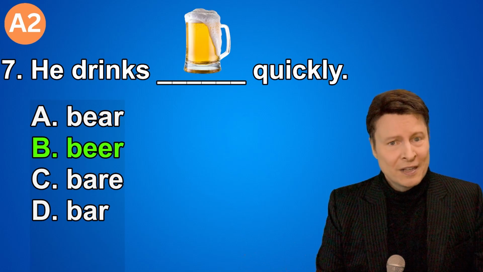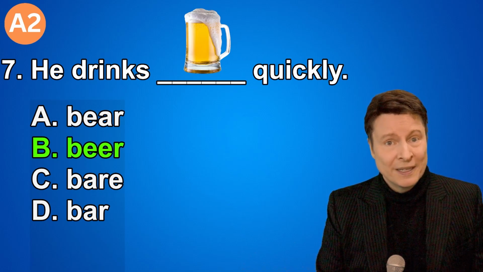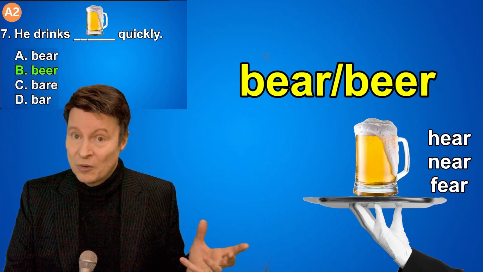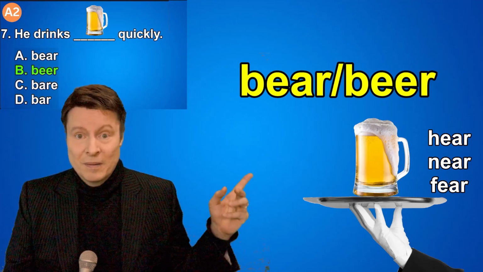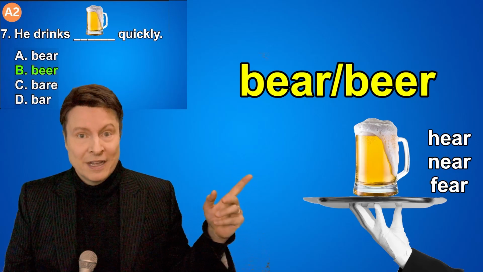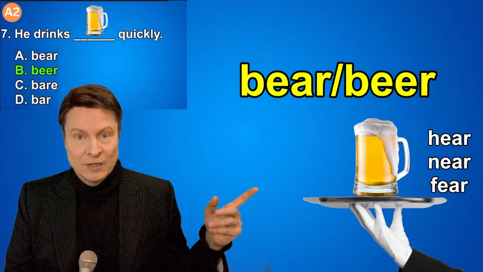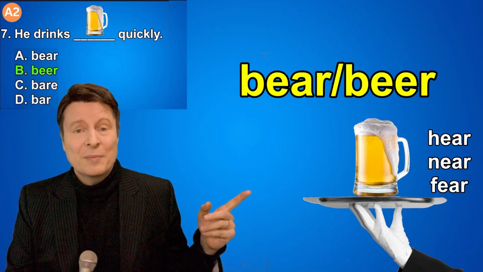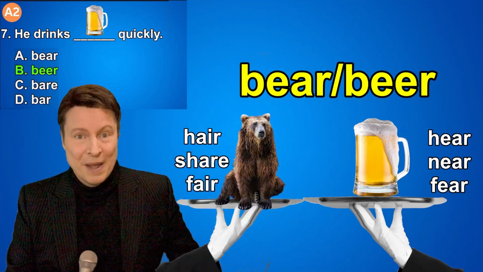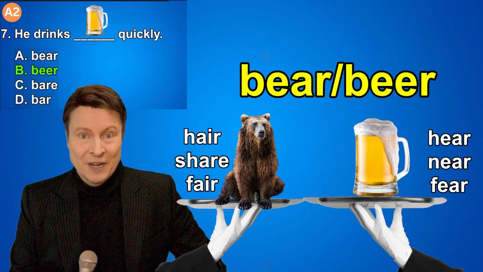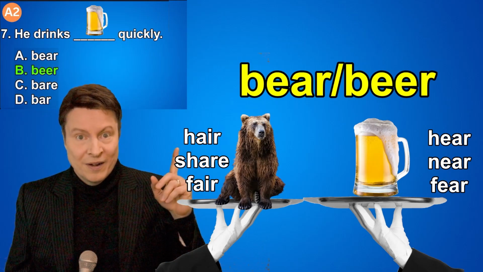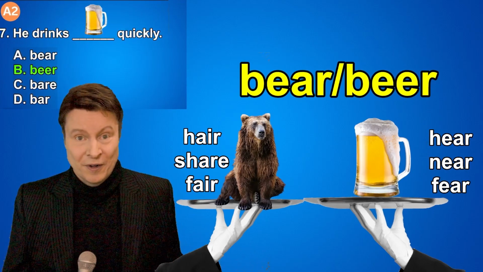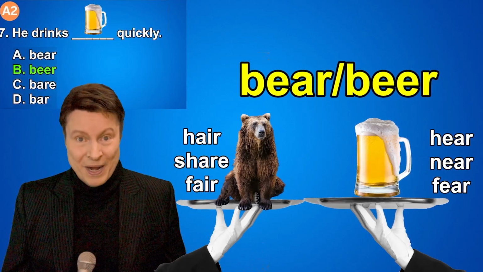So this has a lot to do with spelling and pronunciation. And you want to find words that have similar sounds. So you could be served beer, and that sounds like here, near, fear. And I'm sure that you probably would rather be served beer than bear. Bear, that's the pronunciation there. Think of hair, share, fair, bear. Which would you prefer? Have a beer or have a bear?